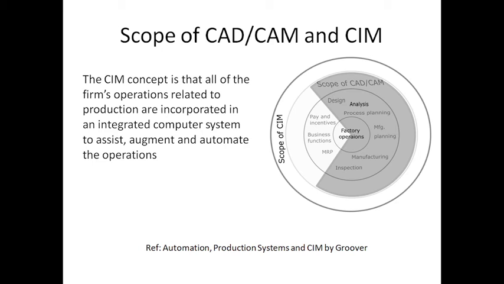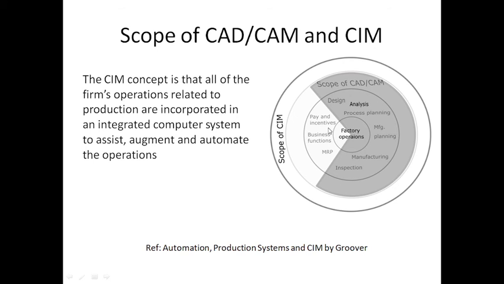So in a nutshell, here is the scope of CAD, CAM and SIM. You can see in this figure the CAD and CAM functions or operations like design, analysis, process planning, manufacturing, inspection are within the scope of the CAD/CAM tools or functions.